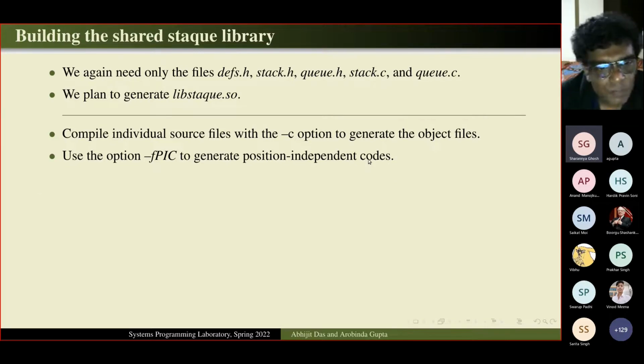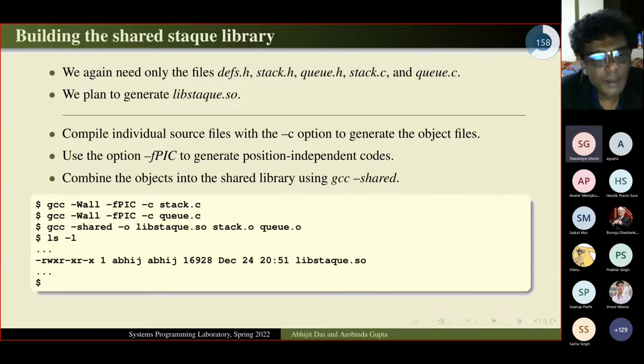Then instead of calling the ar command, you call gcc -shared. Compile this with the -shared flag. That will create this shared object file.